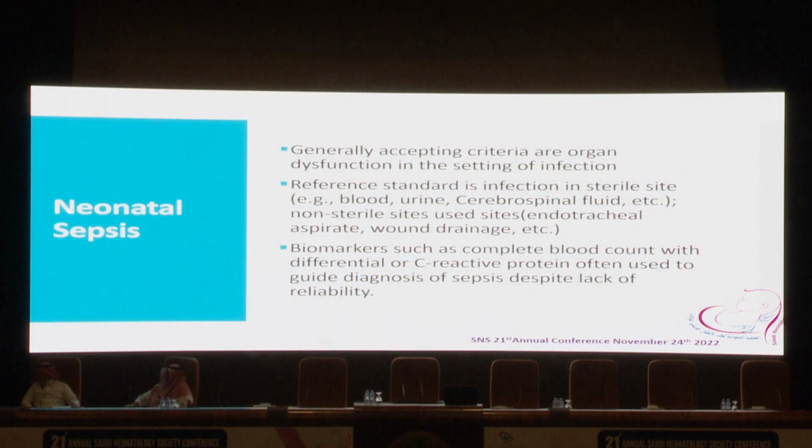Generally, what we use as accepting criteria for neonatal sepsis are organ dysfunction and a setting of infection, depending on infection in a sterile site, either blood, urine, or CSF. But sometimes in critical areas like PICU or NICU, even with a non-sterile site, with some abnormality like apnea, bradycardia, or tachycardia, we refer to it as sepsis.